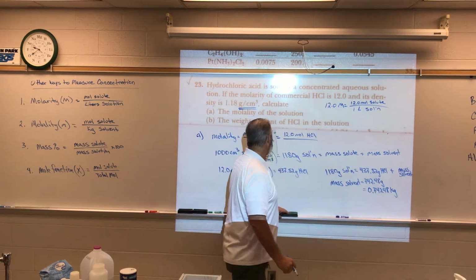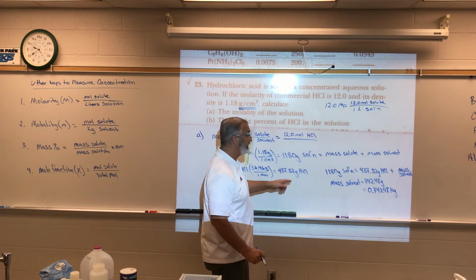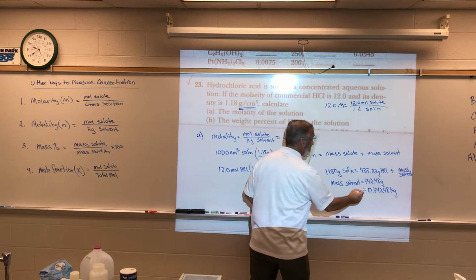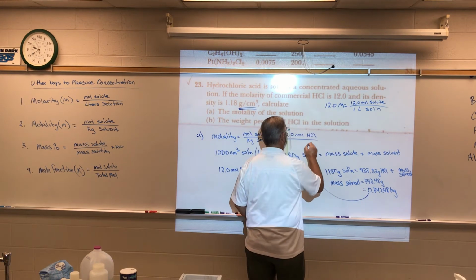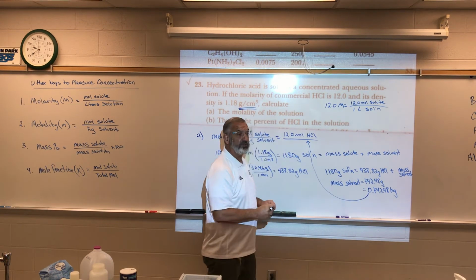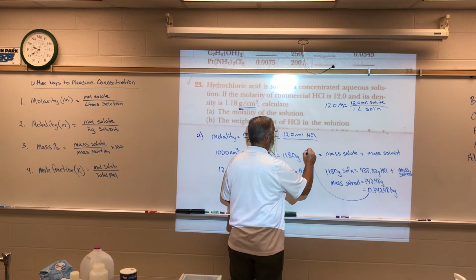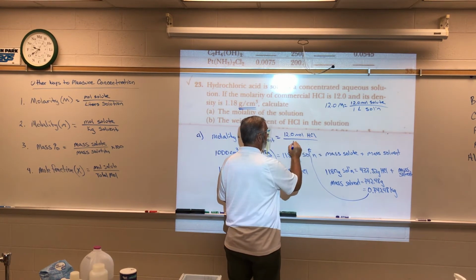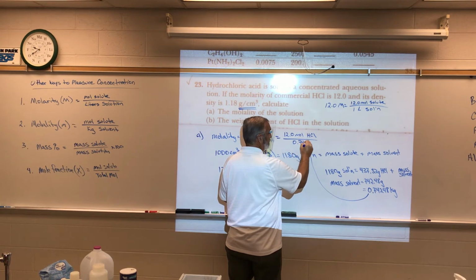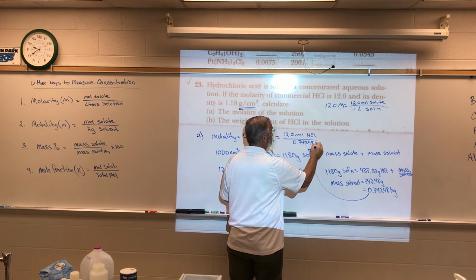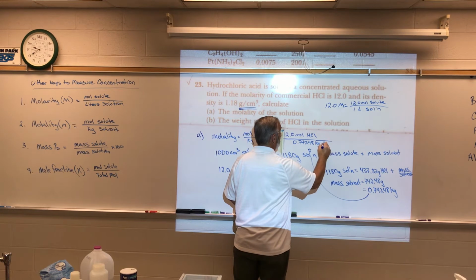All right, we're still not quite done, because now I need to take this number and put it back into my original equation. So I'm going to say 0.74248 kilograms of, in this case, water.